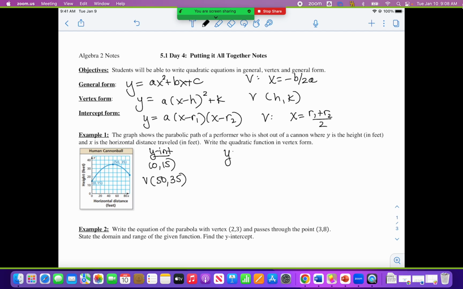So I'm going to write down y equals a times the quantity x minus h squared plus k. The vertex is the h and the k. So let's put that in. This is going to give me x minus 50 squared plus 35.